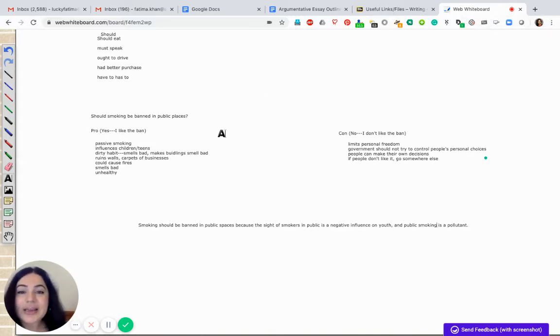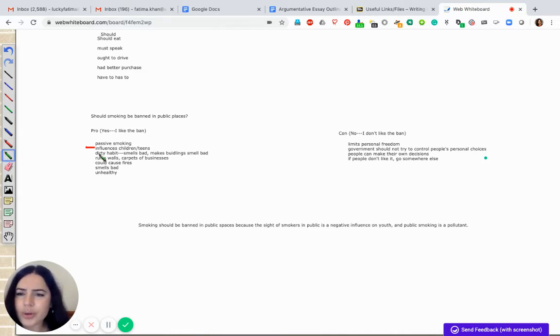And let's say that I am going to be pro-ban. I support the ban. So I'm going to look here and select some ideas. I like the idea that a ban would prevent youth from seeing smokers, because when young people see a lot of people smoking in public, smoking seems normal and they will be more likely to smoke.